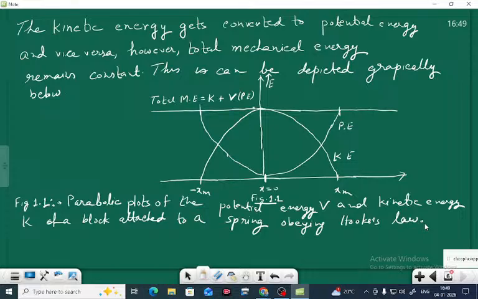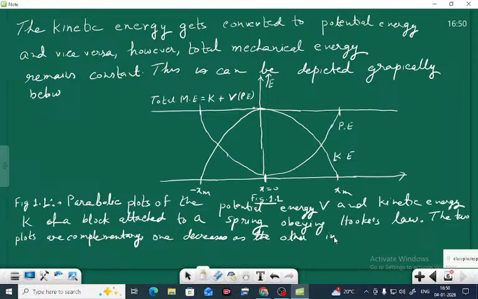The two plots are complementary, one decreasing as the other increases.